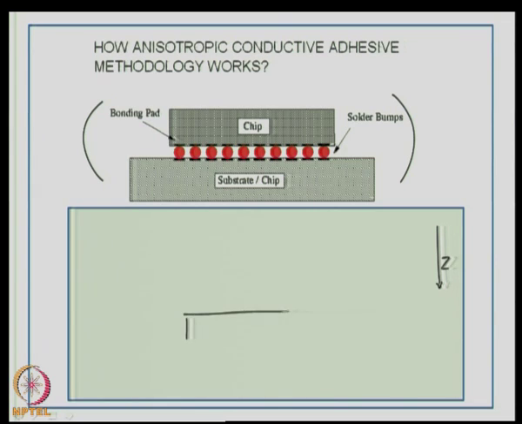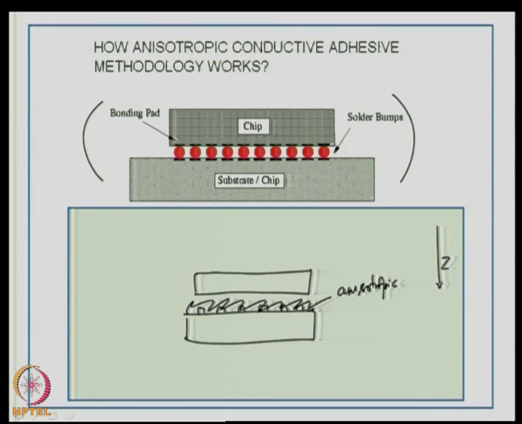Now, what you basically require to do is, there are the bond pads on the substrate. You can apply your anisotropic conductive adhesive over the entire area. Now, you place your flip chip.